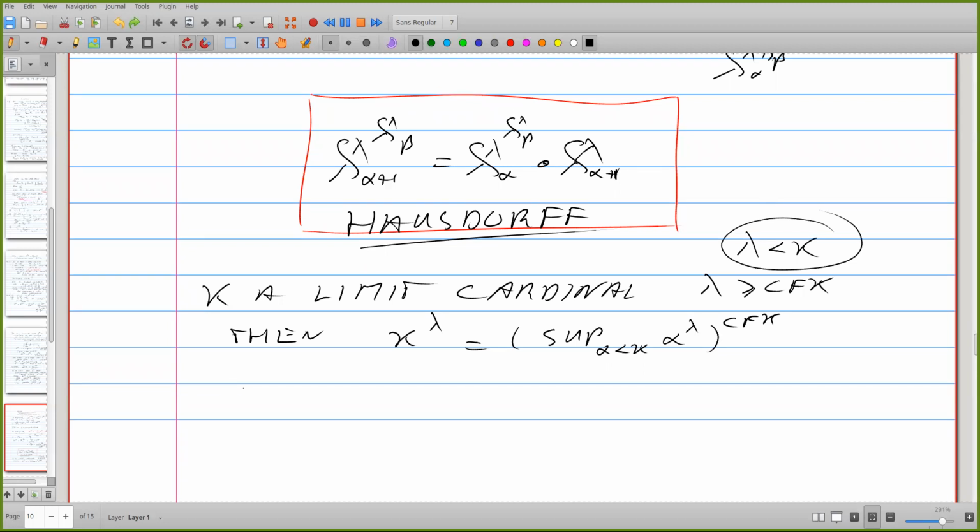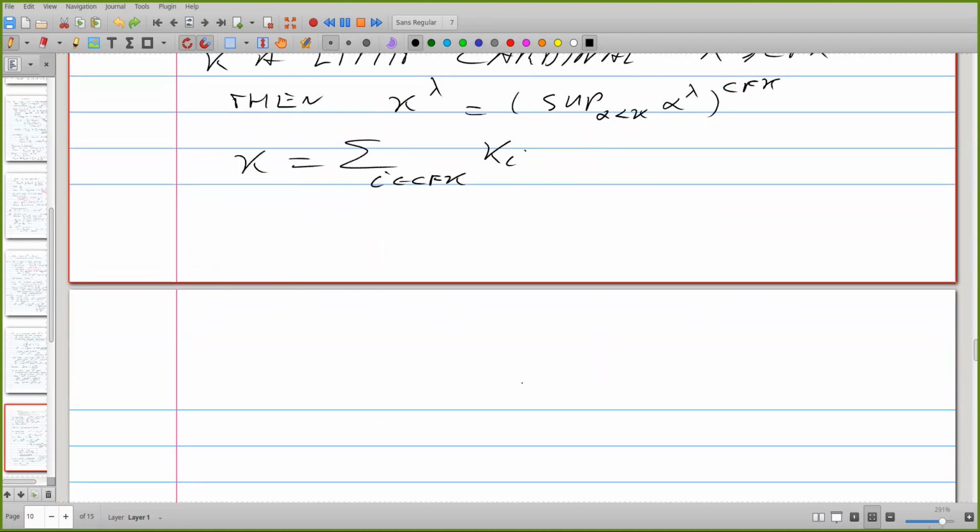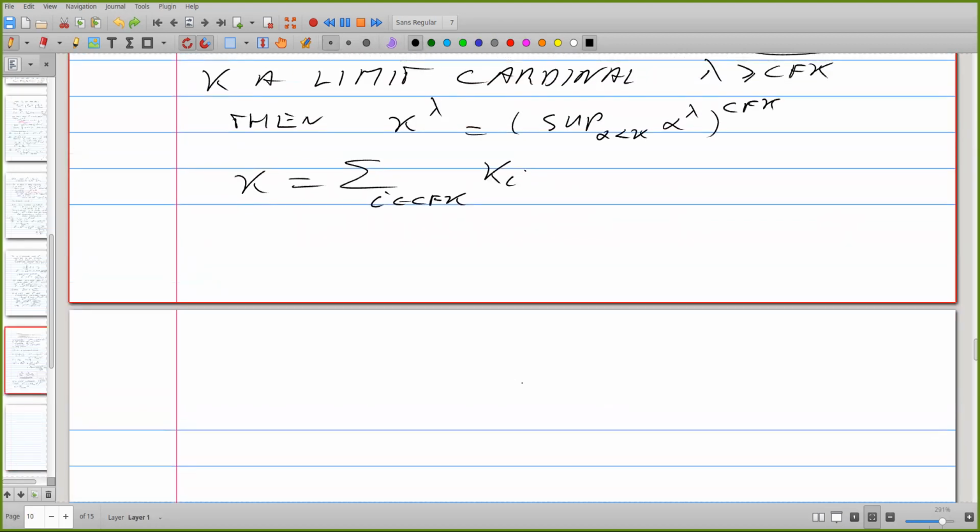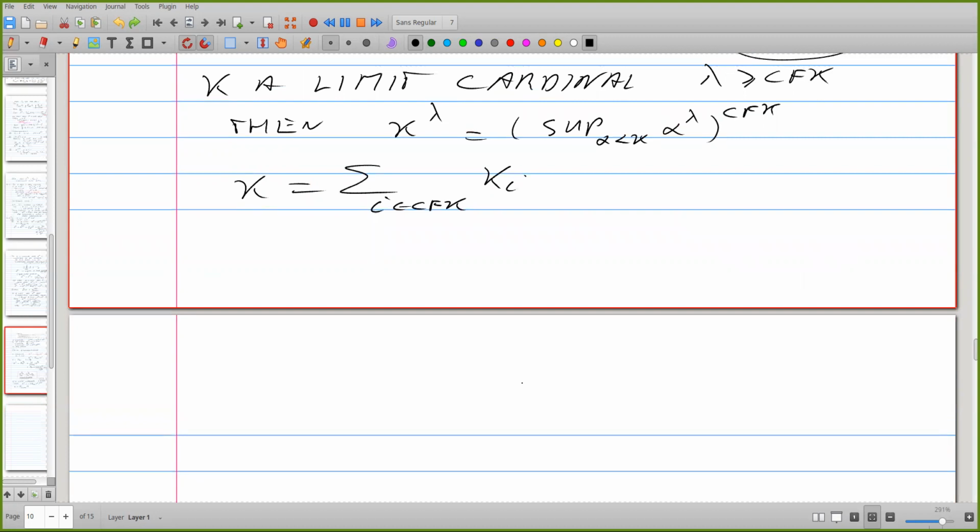Why is that? Well, again, this could be simply a regular cardinal, and then we write kappa as a sum of smaller cardinals that are all of kappa many. But usually this is useful if kappa is singular. And now we can do this Cantor-Bernstein thing again.